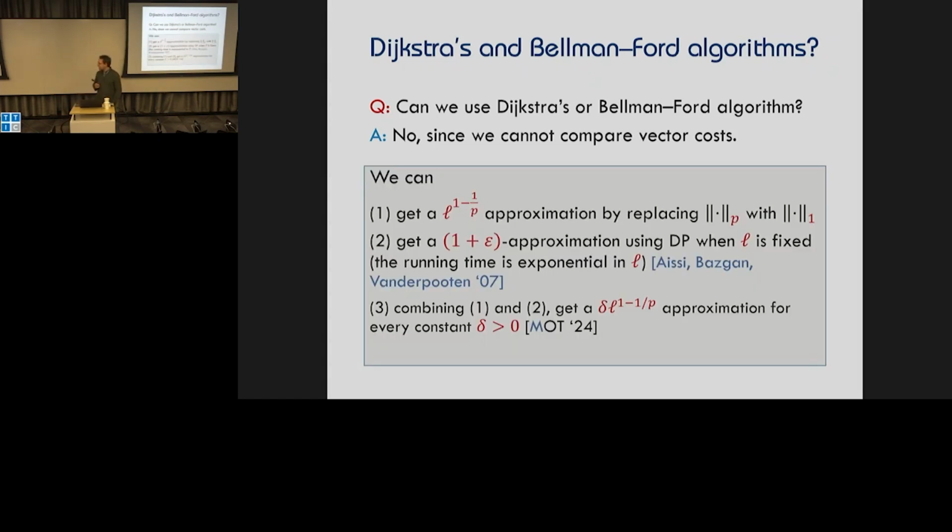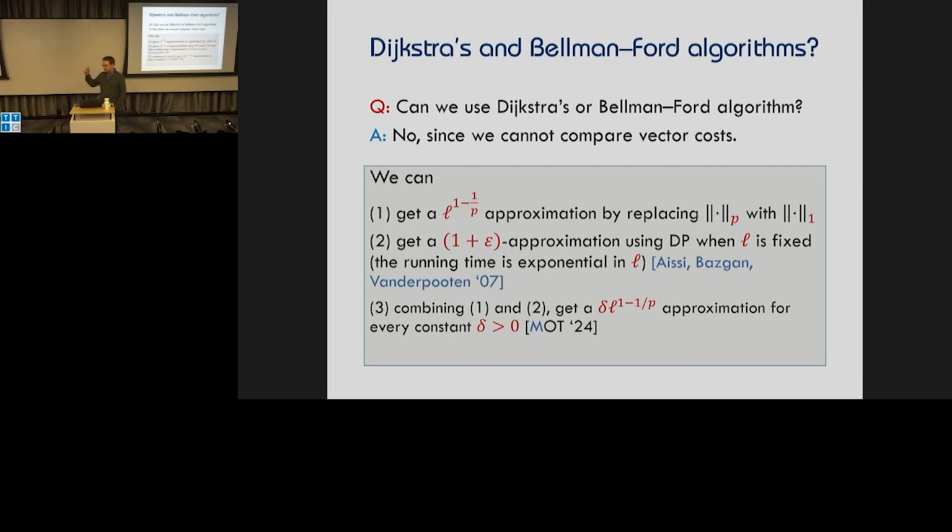That said, we can do something using very basic ideas. First of all, instead of minimizing the LP norm, we can minimize the L1 norm. So let's just replace the LP norm with the L1 norm, and this is equivalent to saying that we just take every vector CE and replace it with a scalar cost equal to the L1 norm of this vector.